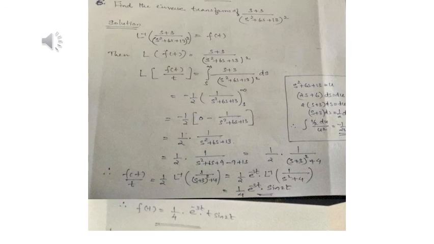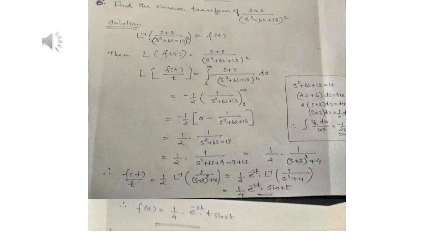And then taking 2 common, it is s plus 3 ds is equal to 1 by 2 du. Okay, so this s plus 3 ds is 1 by 2 du and divided by u square. Okay, why? Because u we have taken as s square plus 6s plus 13. So it is u square.